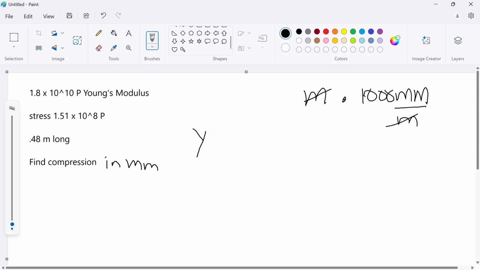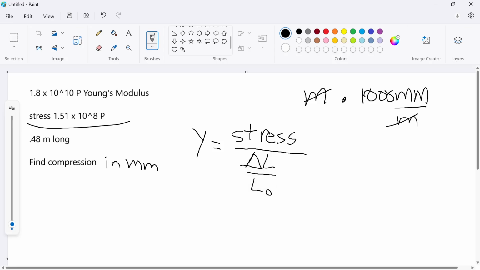So Young's modulus equals stress, and here's stress right here, so I don't have to break that one down, divided by strain. And strain can be written as delta L, the change in length, divided by the initial length, L0.